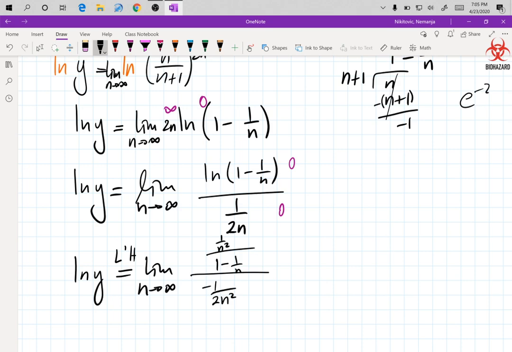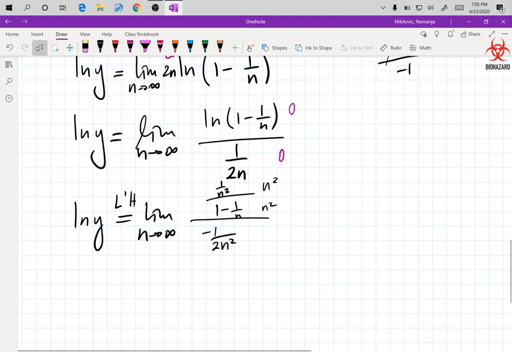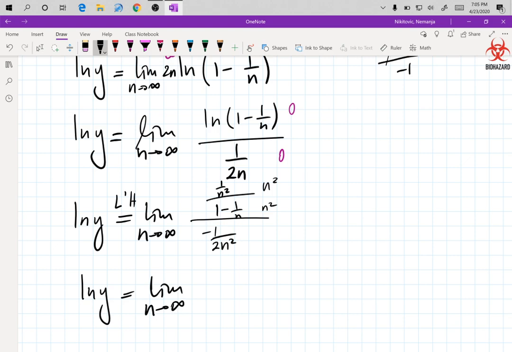And the fastest way to solve this mess would be to multiply through by n squared. So we have ln y is equal to the limit n goes to infinity. When I multiply by n squared, I still have negative 1 over 2n squared on the bottom.